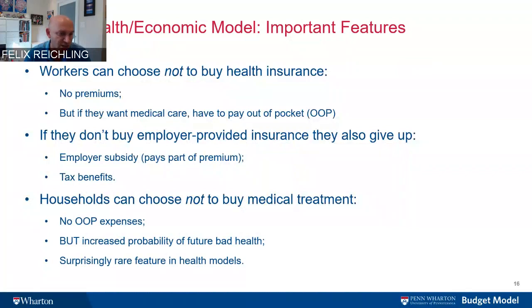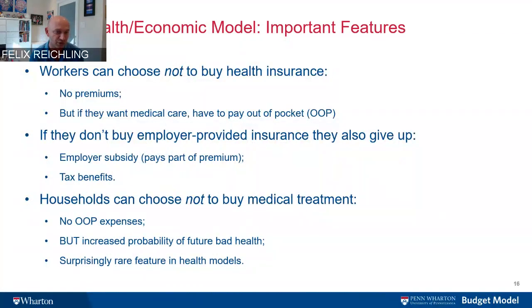But households can choose not to buy medical treatment. So what are the trade-offs here? Well, one is you don't pay out-of-pocket expenses, and depending on your age and health state, those can be quite high. But if you don't get needed medical treatment, your probability of moving into a worse state next year increases.